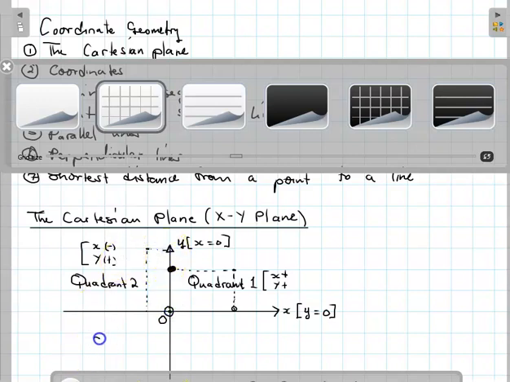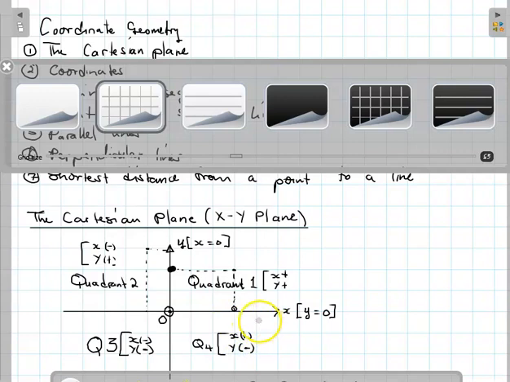Then here you have quadrant 3, which you can label simply Q3, and you can guess right now that x is negative and y is also negative. And then finally we have Q4, which is quadrant 4, and in quadrant 4 x is positive and y is negative.